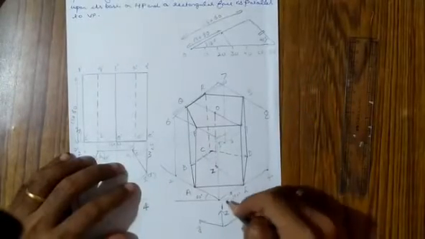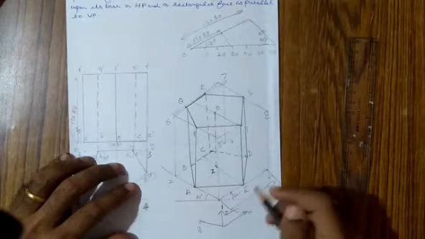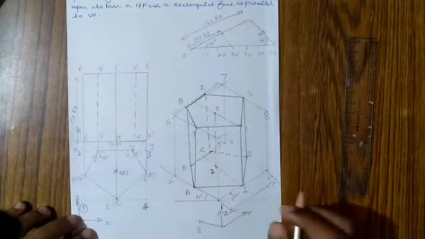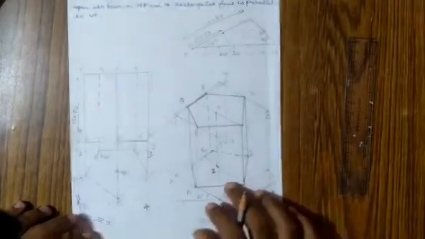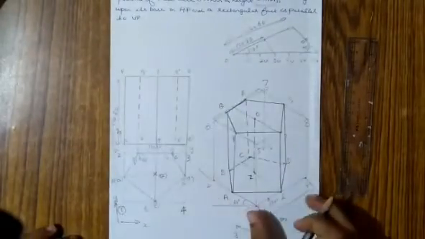And finally, one more thing: you have to show the dimensions. This side, this length, is of no use, there is no significance, because the length is not given.